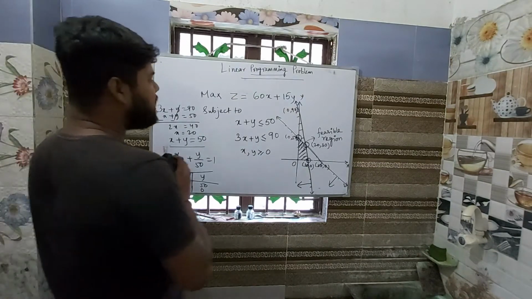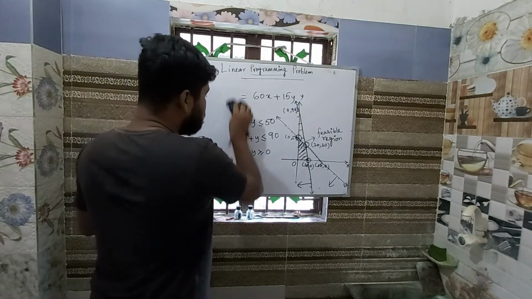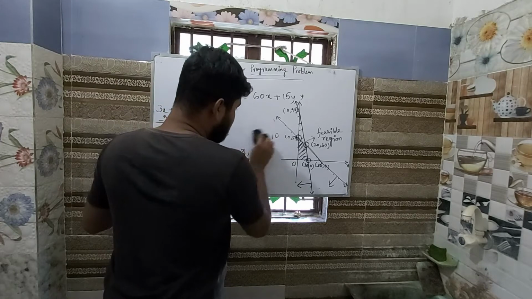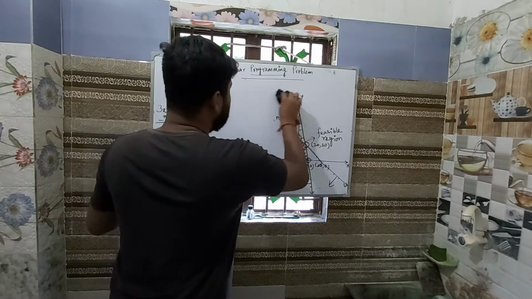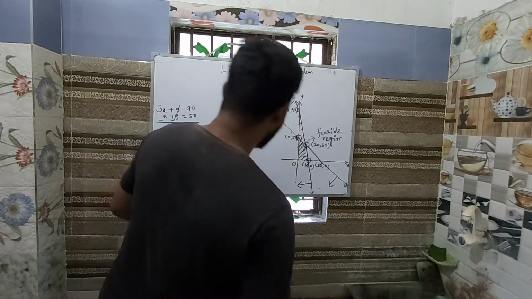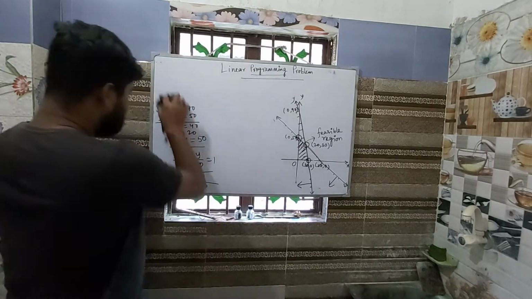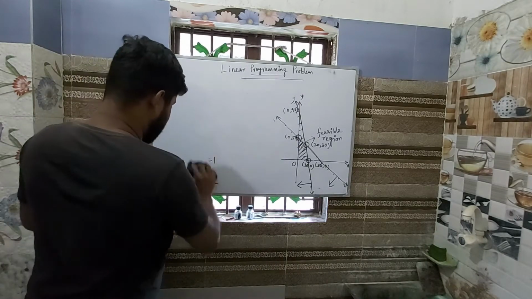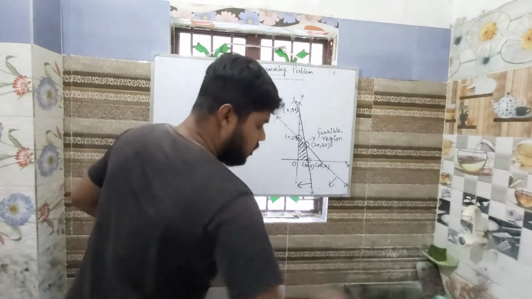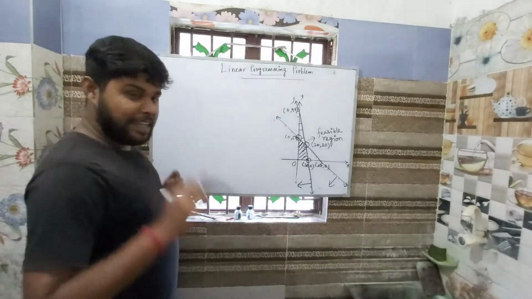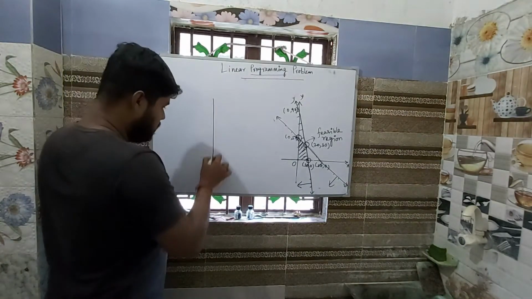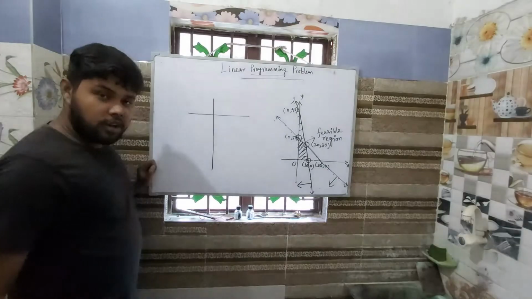Now let me just erase the problem. We have already understood this part, so we don't need this anymore. Now we have to draw a table. What is that table? The table will contain two columns.